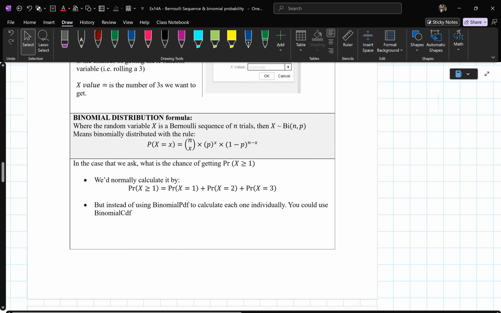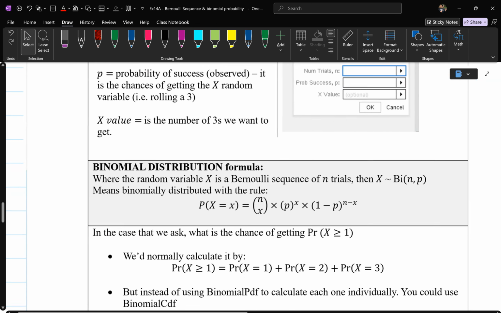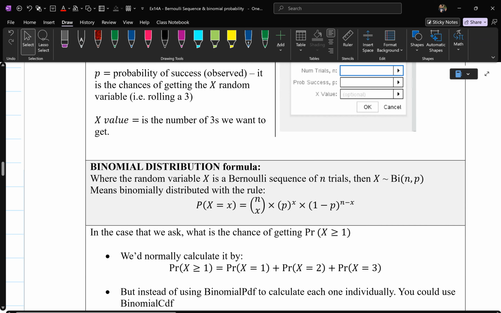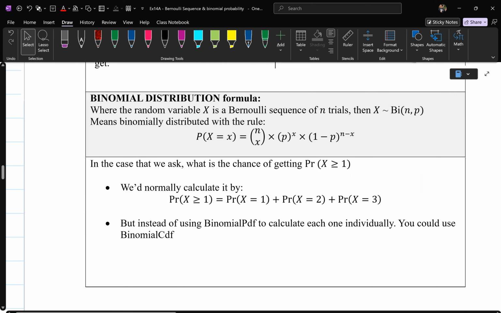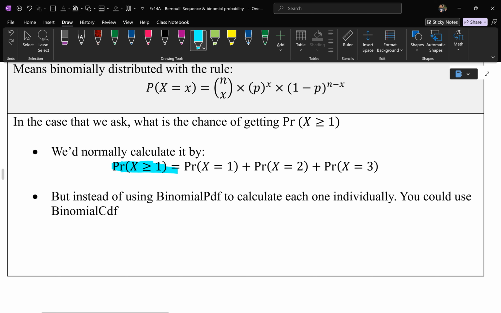Okay. So what is then the difference between PDF and CDF? This is CDF. Let's say I asked you to calculate what's the chance of x being greater than or equal to 1? Meaning, what if I wanted more than just 1 3? So I wanted a 1 3 scenario, and then I wanted a 2 3 scenario, and then I want a 3 3 scenario.